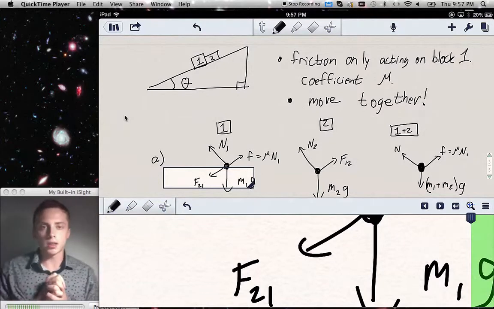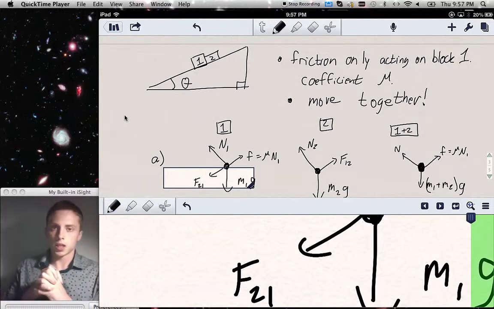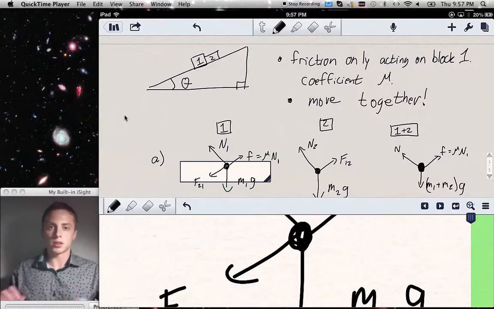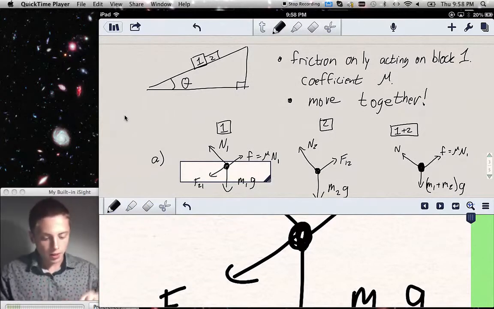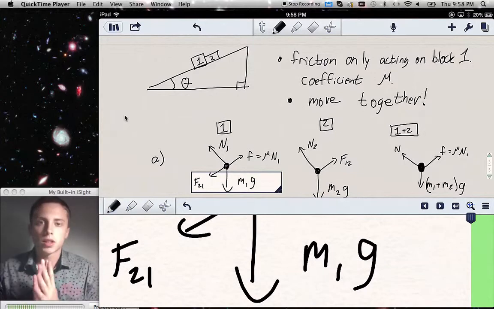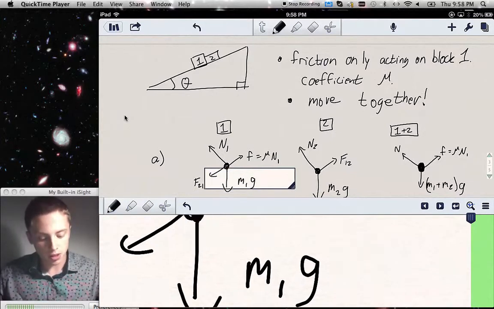We do not know its magnitude, so we'll call it F21, for the force of block 2 onto block 1. Recall there's no friction between the two blocks, so there is no component parallel to this interface. Okay, so that's our third force, and lastly, there's the influence of gravity, which points straight down towards the ground, with a magnitude of m1g.